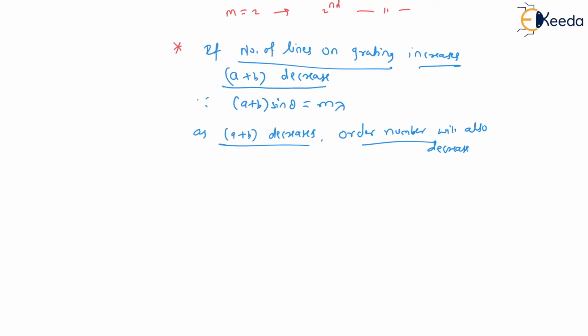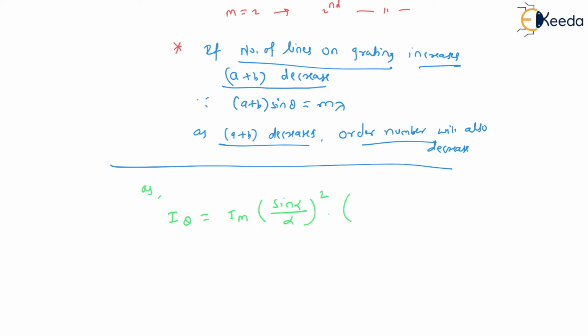So here, for minima, I'll write the equation again. I theta is equal to Im into (sine alpha by alpha) whole square into (sine n beta divided by sine beta) whole square.